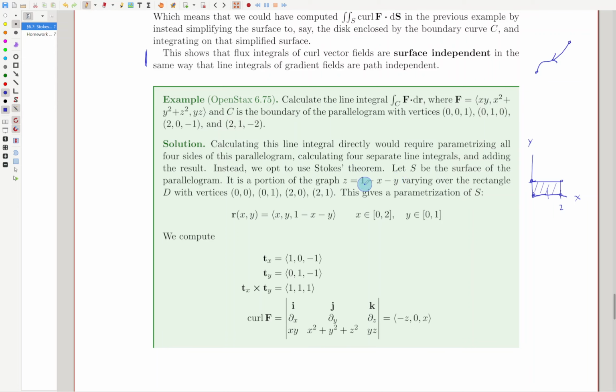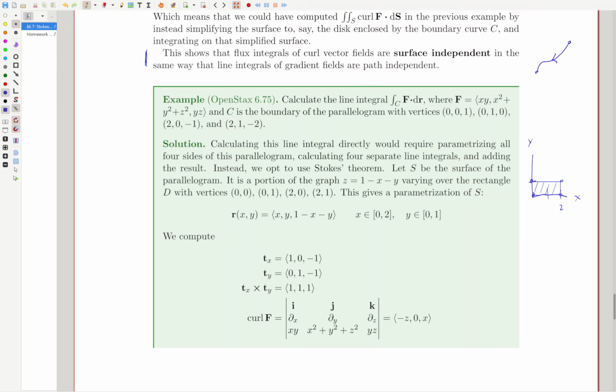That allows you to create the parameterization, because we can think of this as the graph of a function. So we use the typical way of parameterizing the graph of a function: x, comma, y, comma, the function describing z in terms of x and y. We parameterize that over this rectangle, which gives these bounds for x and y.